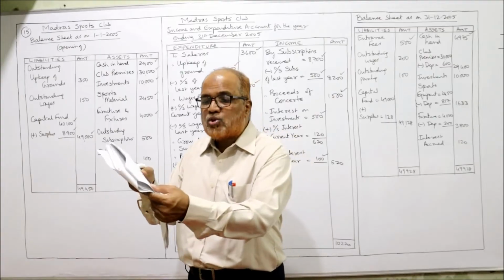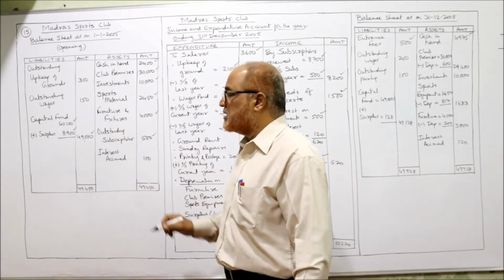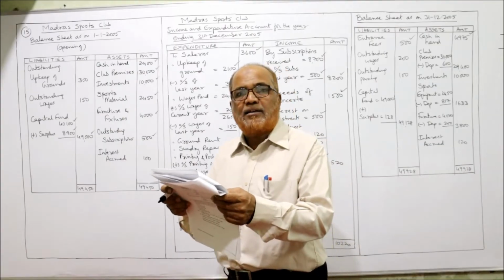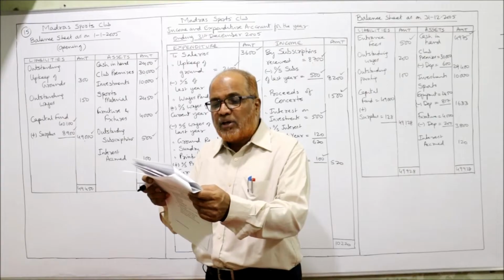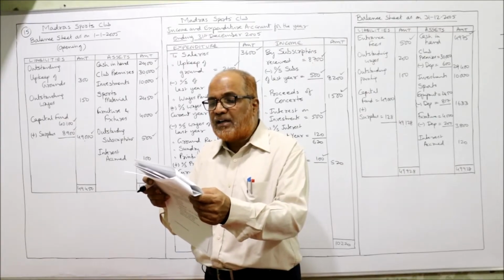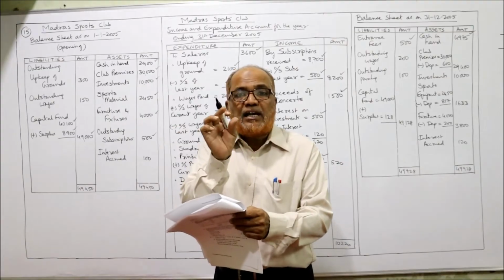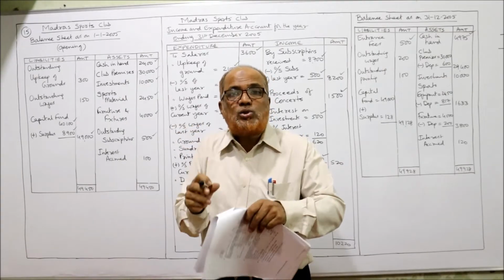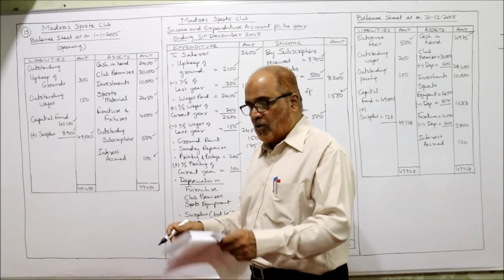So last year outstanding were 500. Similarly, B item. What is a B item? Interest on investment. So this item includes 100 rupees in respect of interest accrued in the previous year. So last year interest accrued, that is also an asset. So interest accrued 100 rupees.